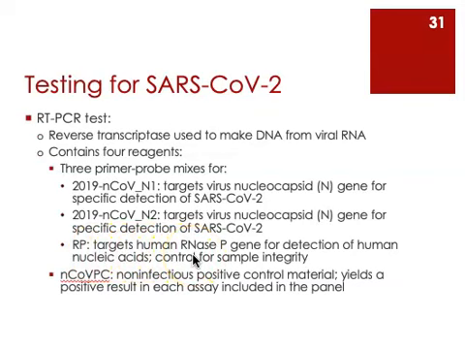What it does is it detects any human nucleic acids. In other words, it makes sure that if we get a positive test, it's because of viral DNA and not human DNA.